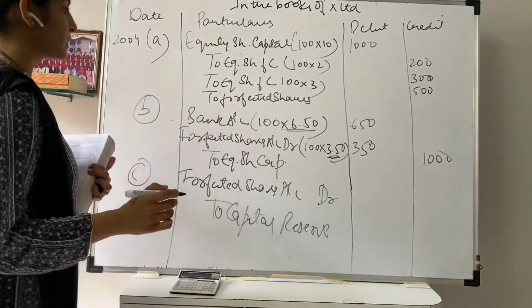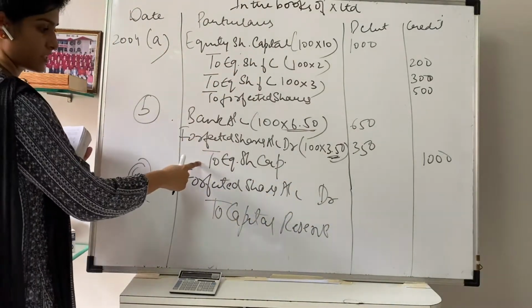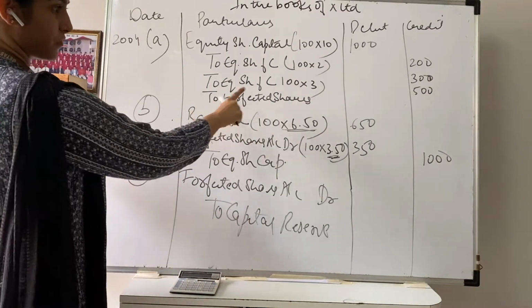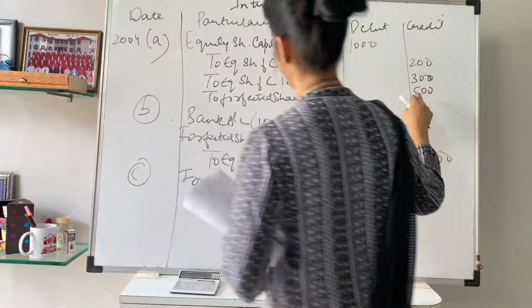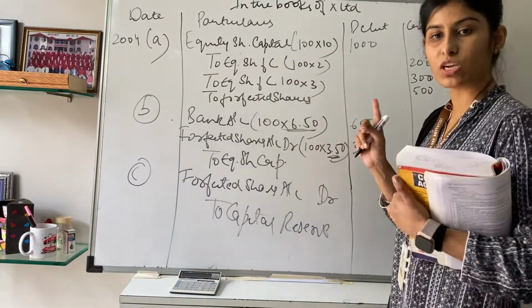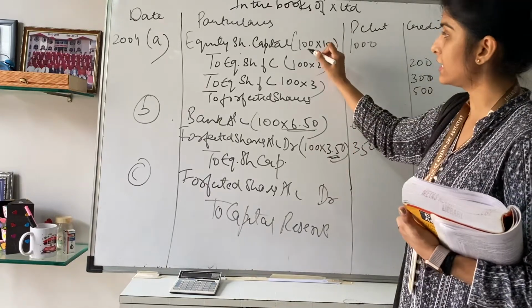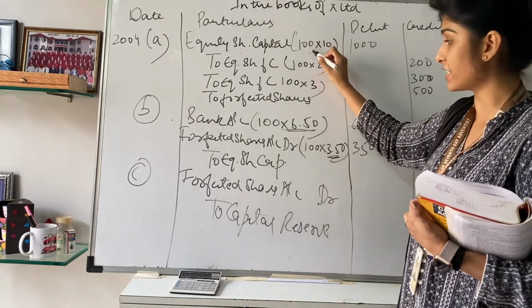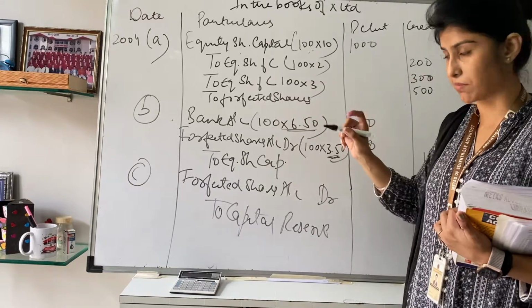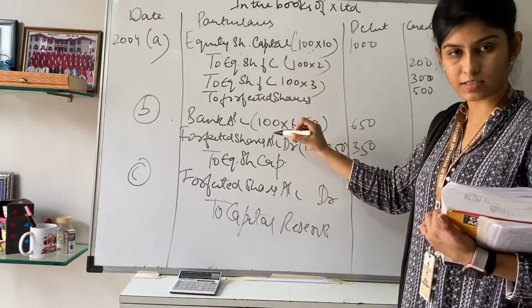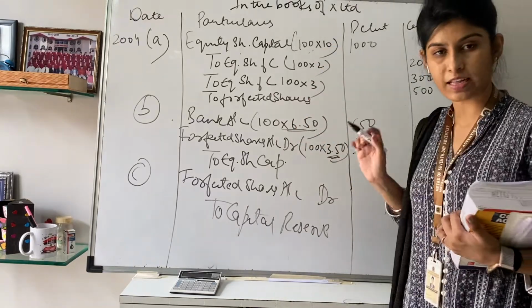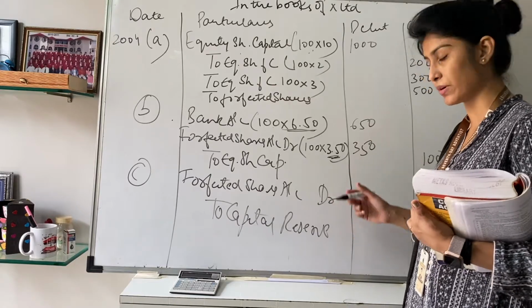We'll check the forfeited shares of this and this second entry. For the first entry, your forfeited shares are 500. The first thing we need to check for capital reserve is that the number of forfeited shares and reissued shares should be the same. This is 100 and again this is 100. Then only can we directly find the difference and put it to capital reserve.